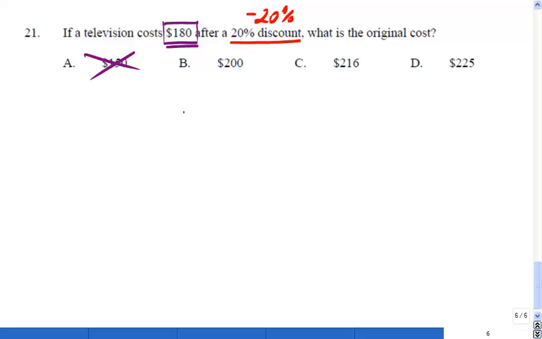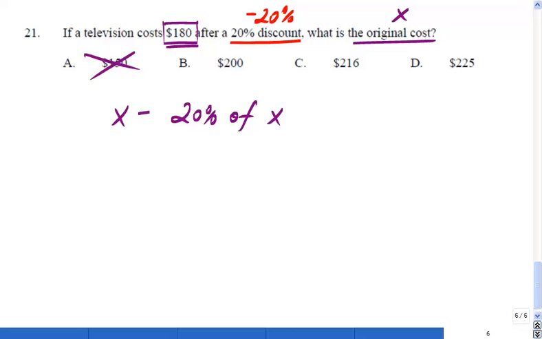Okay, 20% of the original price, we'll call it X, right? 20% of X taken out of what? Taken out of the original price.